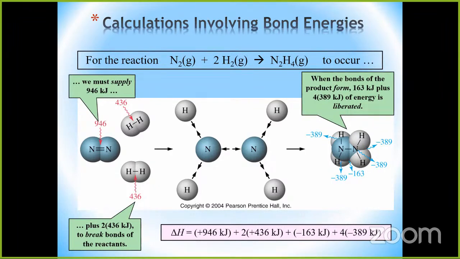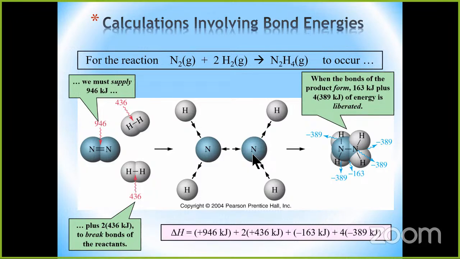Let me do that now. So that is 946 plus 2 times 436 minus 163 plus 4 times minus 389.